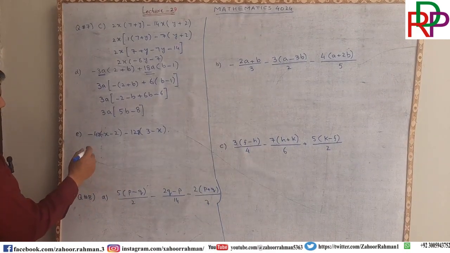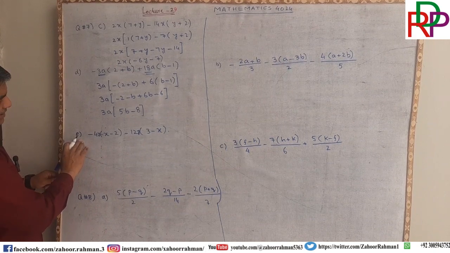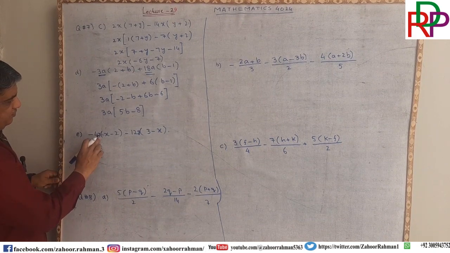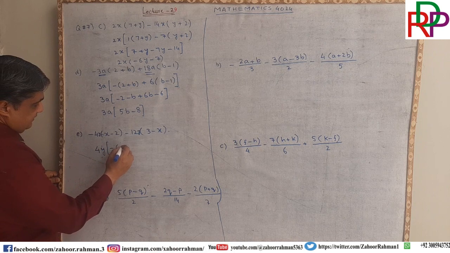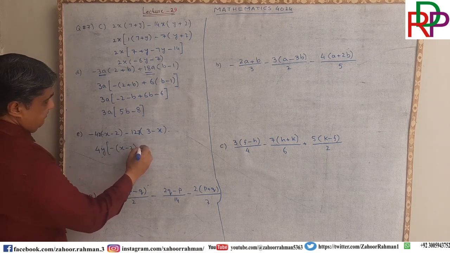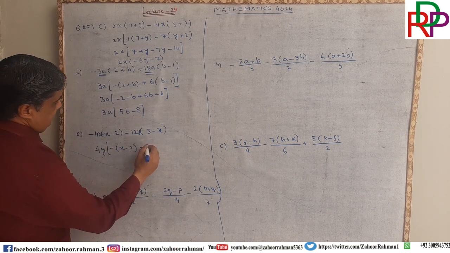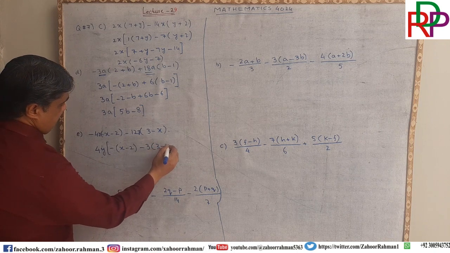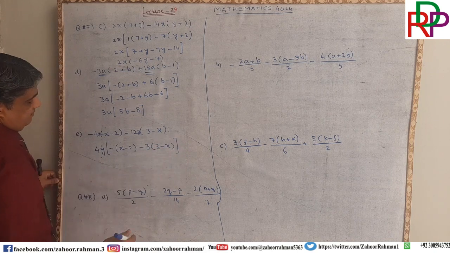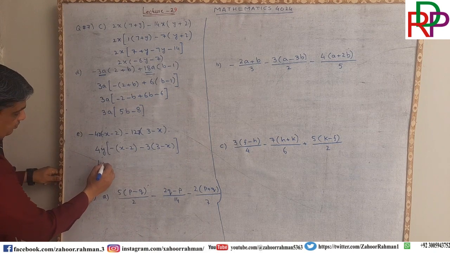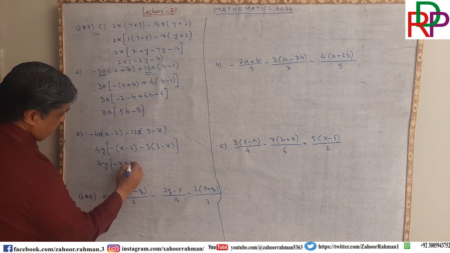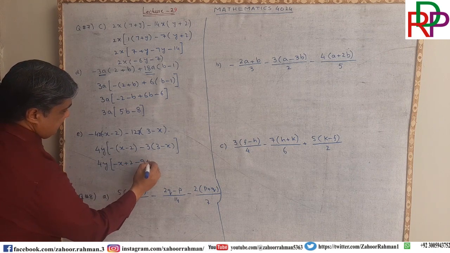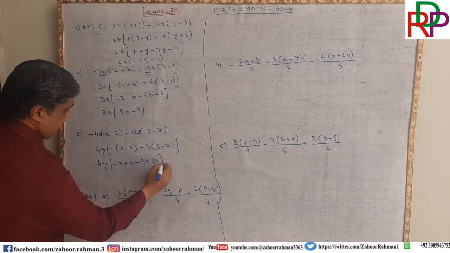Okay, now we are doing part number E, and because my 4y is here, I will take 4y as the common, so minus x minus 2 will remain, and minus 3 into 3 minus x will remain here. 4y, and when we multiply, minus x plus 2 minus 9 plus 3x.